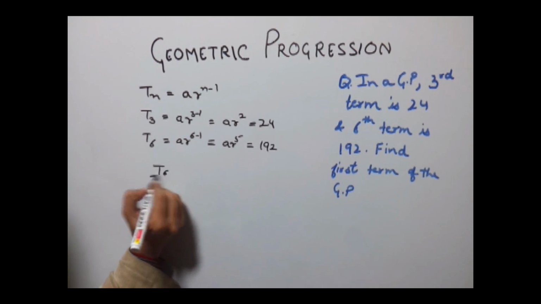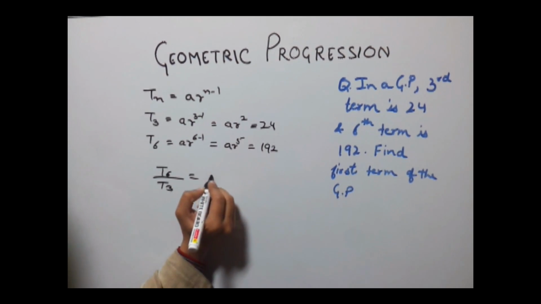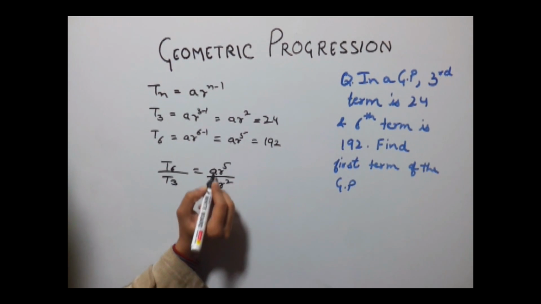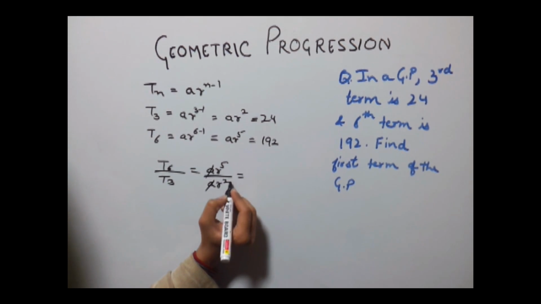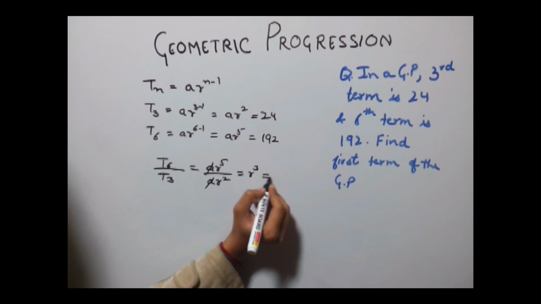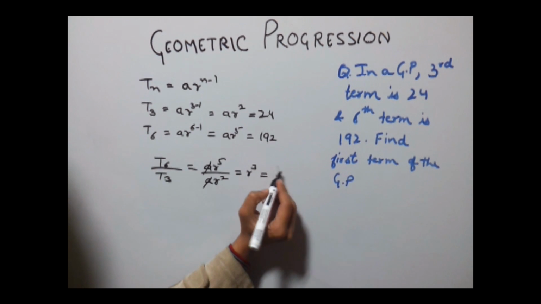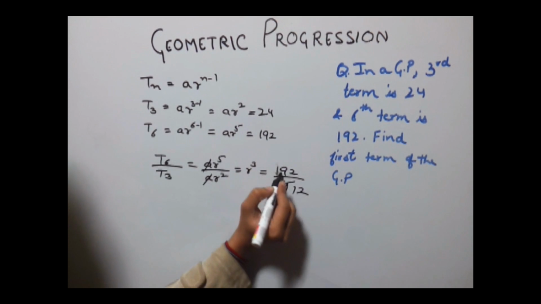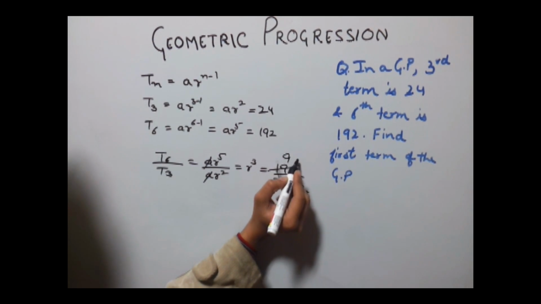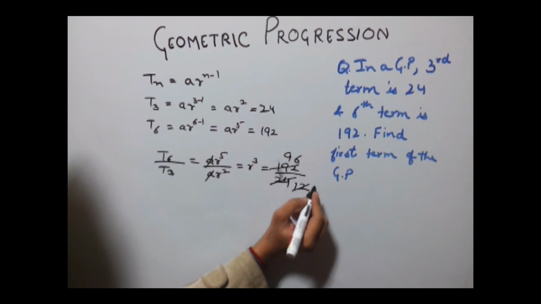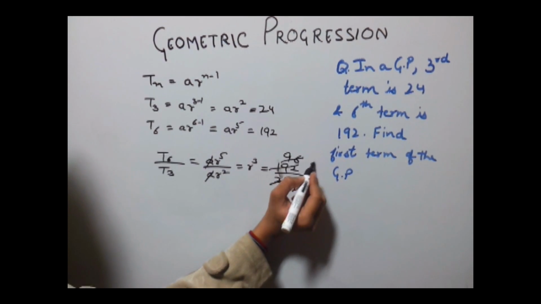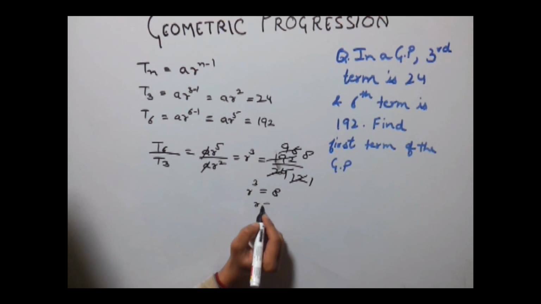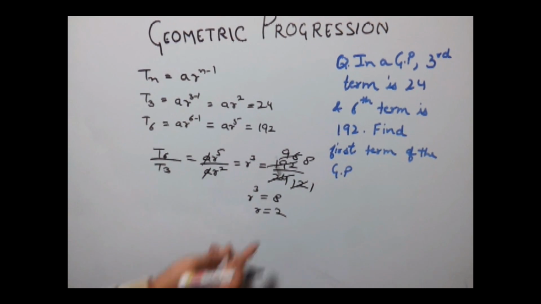So, dividing T6 by T3 gives us a into r to the power 5 divided by a r square, cancel it, which will give r cube, which is equal to 192 divided by 24. 12 into 1 is 12 and 12 into 8 is 96. The value of r cube is 8, so the value of r is equal to 2 over here.